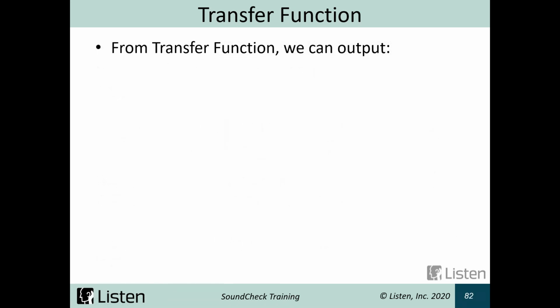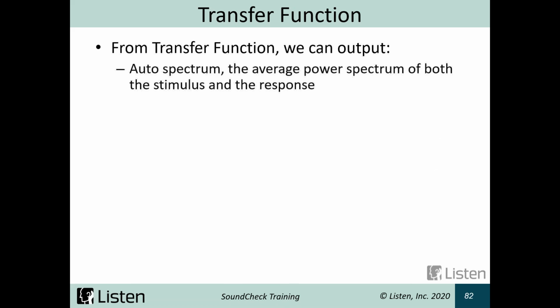When we have transfer function selected, we can get a lot of different things on the output. We can get the auto spectrum of both the stimulus and the response. So auto spectrum stimulus and auto spectrum response.